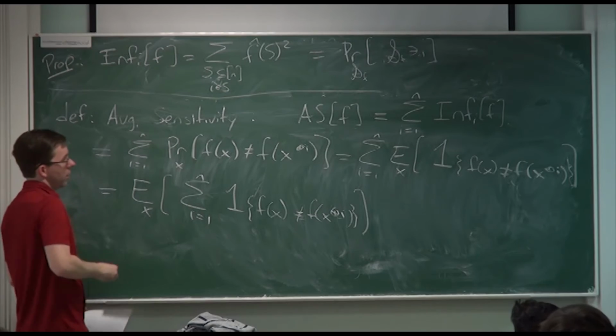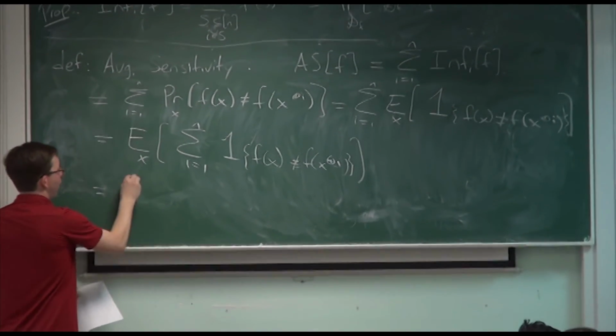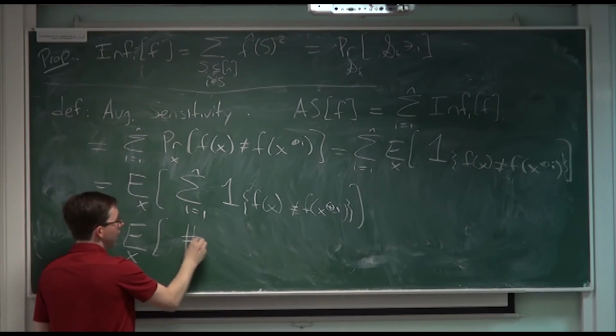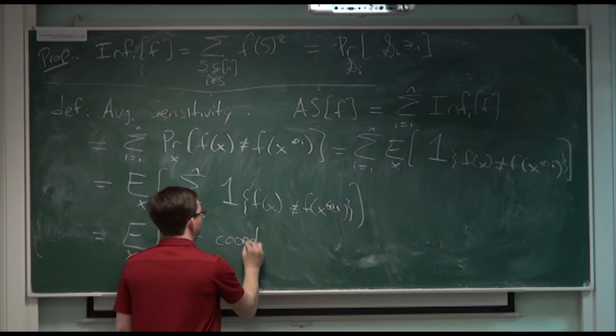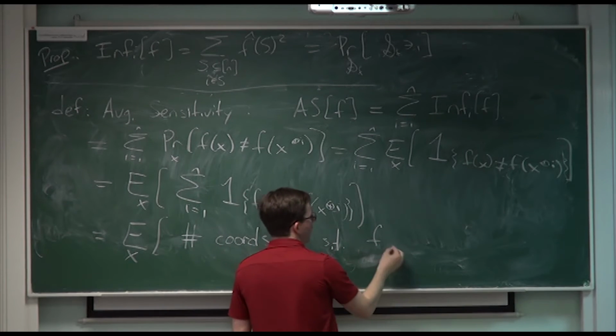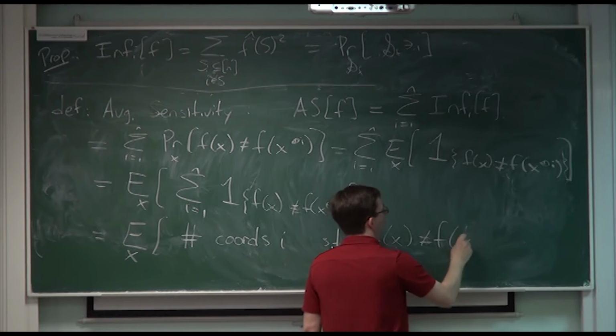That's hence the name. So this is the average over x of the sensitivity of f at x, which means the number of coordinates i such that f is sensitive on this coordinate at x, so f of x differs from f of x plus i.